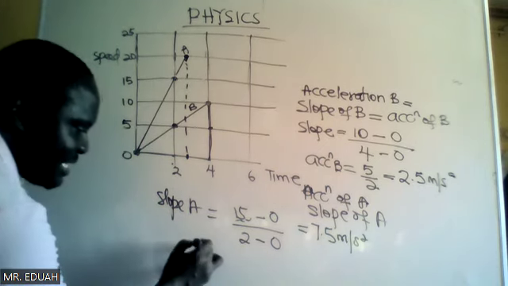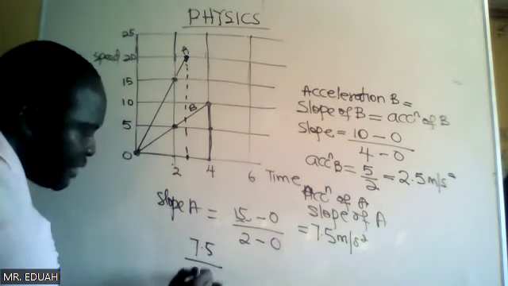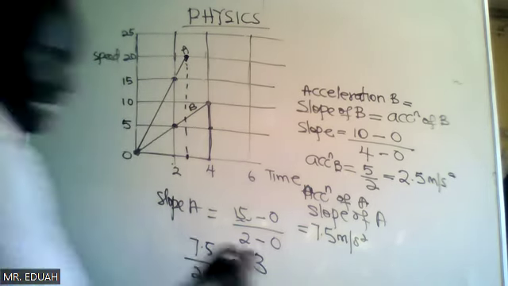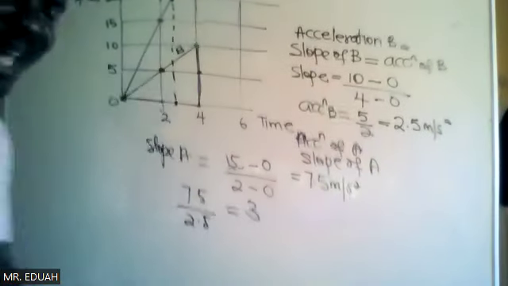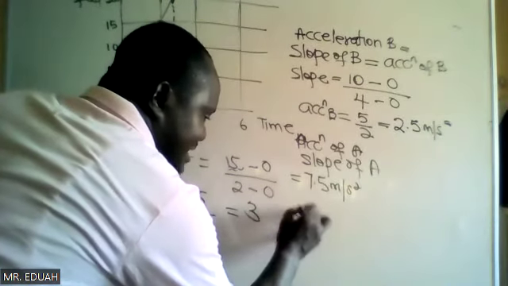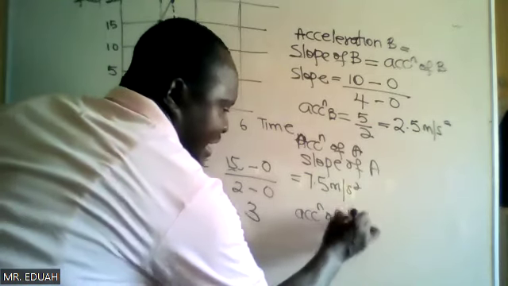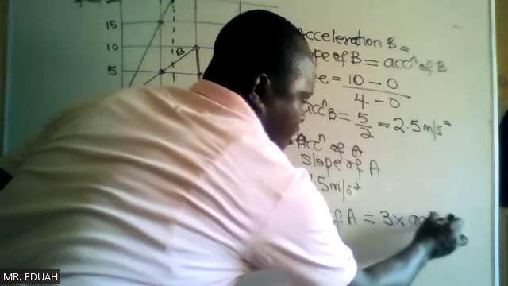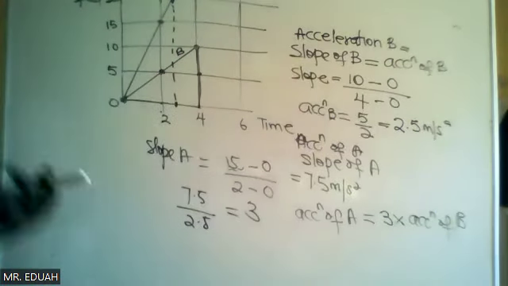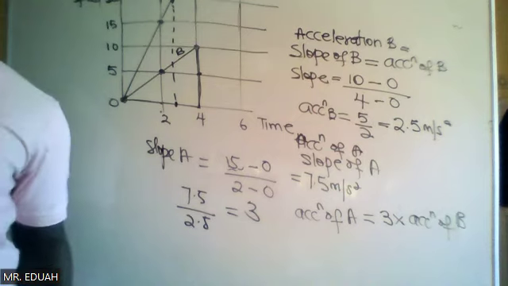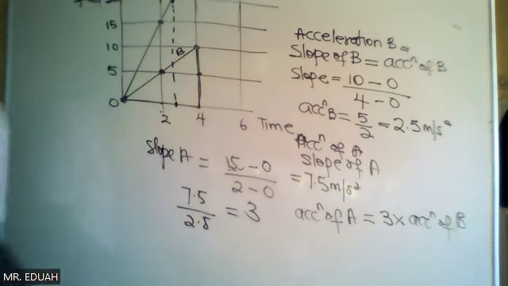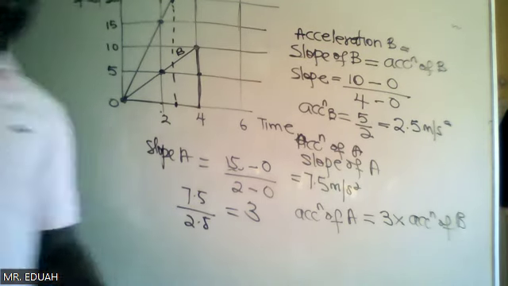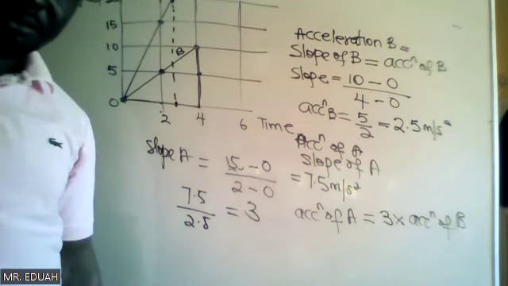If you divide 7.5 by 2.5, this is equal to 3. So it means that acceleration of A is equal to 3 times the acceleration of B. The acceleration of A is 3 times the acceleration of B. And that's the answer, the third option.